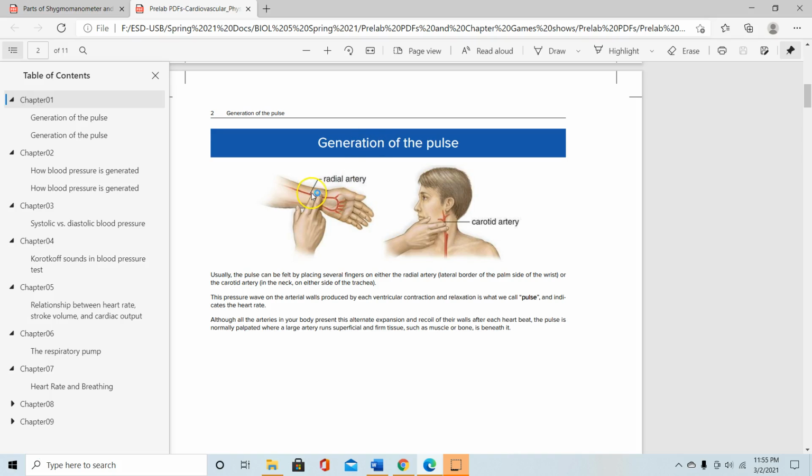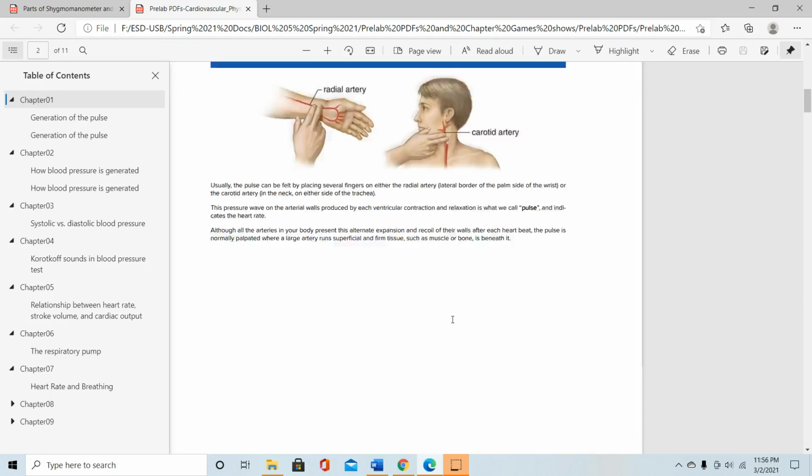For example, the radial artery, carotid artery, temporal artery in the head, femoral artery in your inguinal region, and tibial artery. There are several other superficial arteries where you can take the pulse. To take the pulse, you use two or more fingers and press the artery against the bone, and you can feel the pulse.